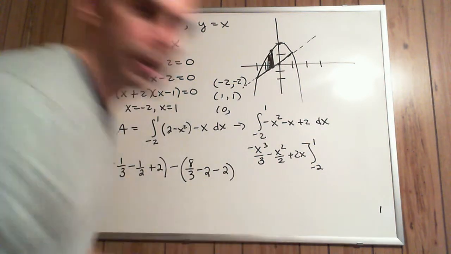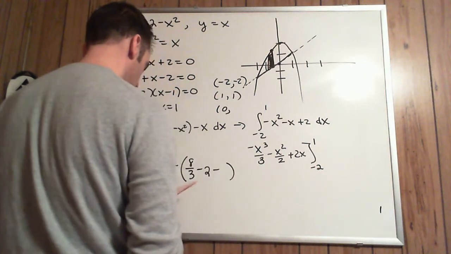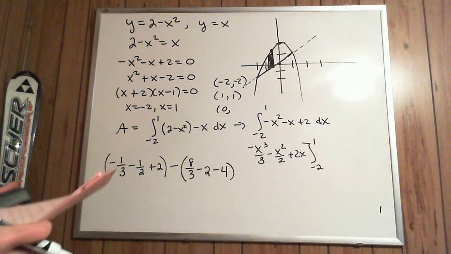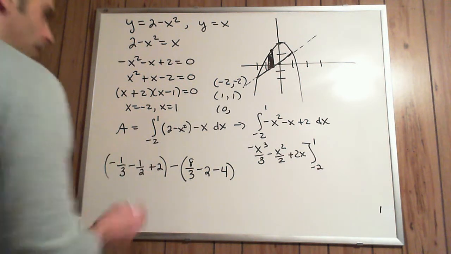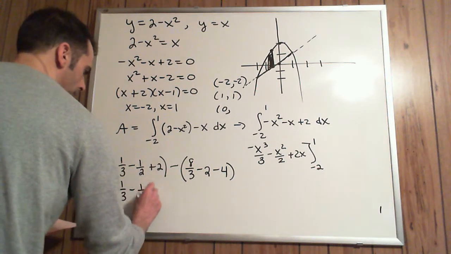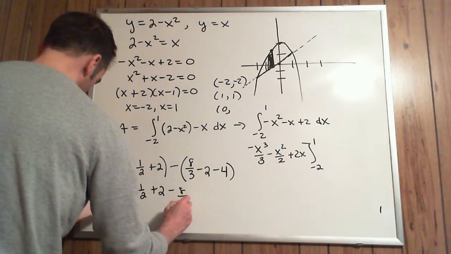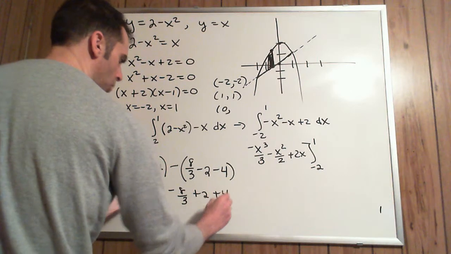Negative 2 into here gives me negative 4. Alright, so then now I'll distribute the minus through. I'll get negative 1/3 minus 1/2 plus 2 minus the 8/3 plus the 2 plus the 4.